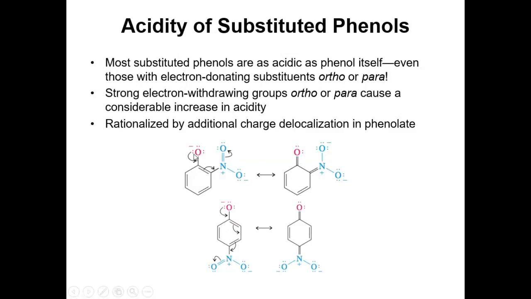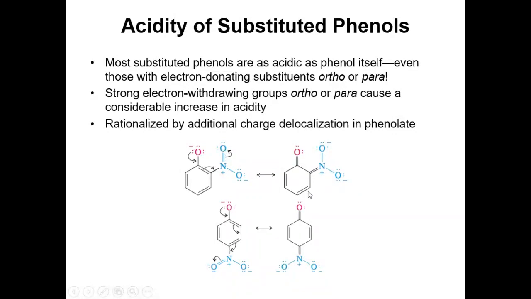What you can see is that the oxygen lone pair donates to the ring, pushes the pi electrons into the carbon-nitrogen bond, making a C=N double bond, and then pushes the pi bond between the N and the O onto the oxygen.